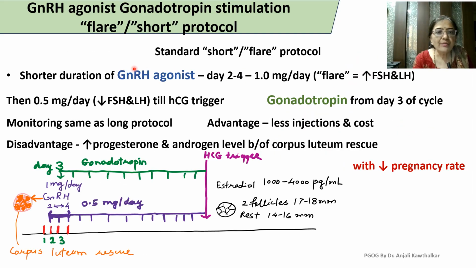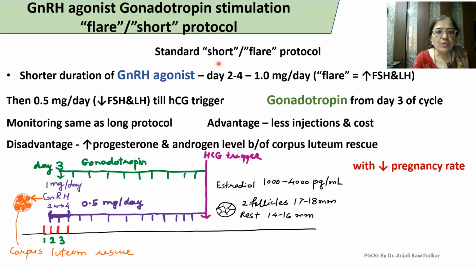Dependent on this flare effect, we have the next protocol, which is called the flare protocol or short protocol. Here, GnRH agonist and gonadotropin stimulation is done. That means GnRH agonist is used in this also along with gonadotropin, but it is a short protocol.